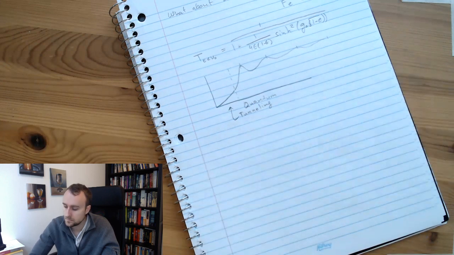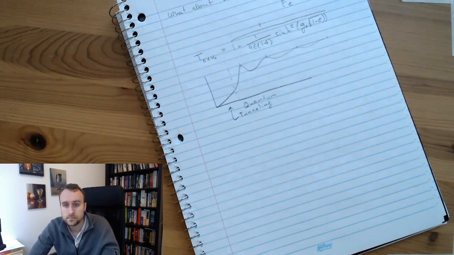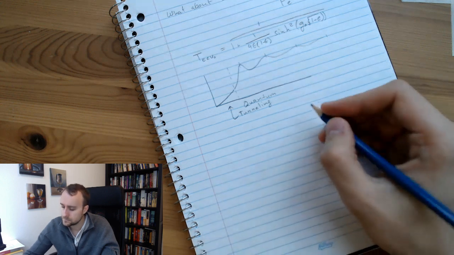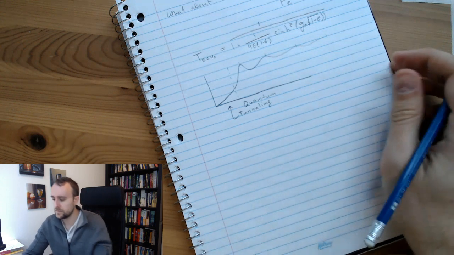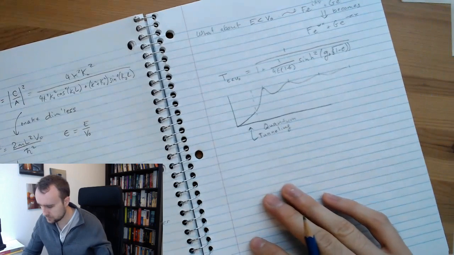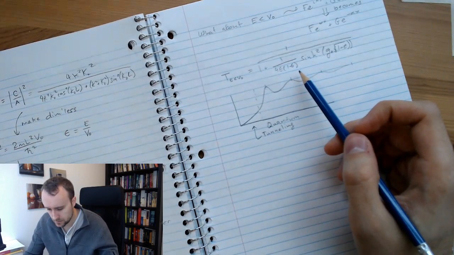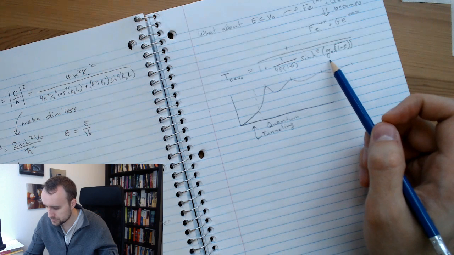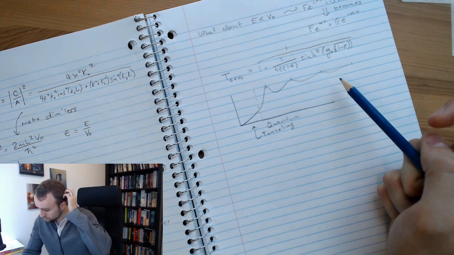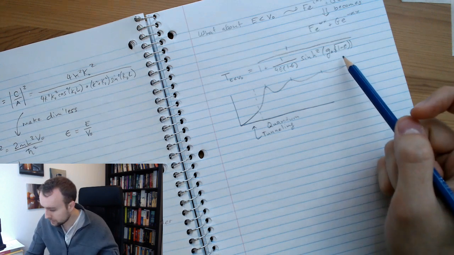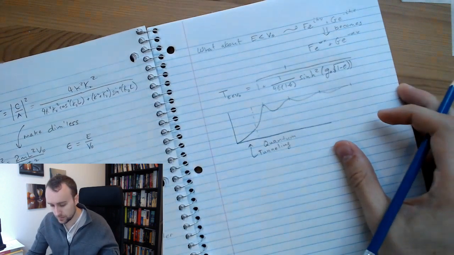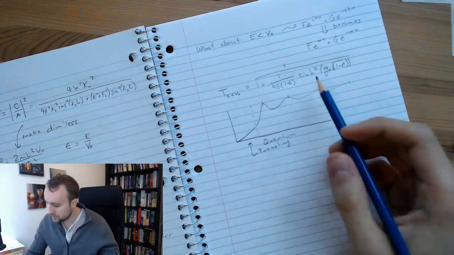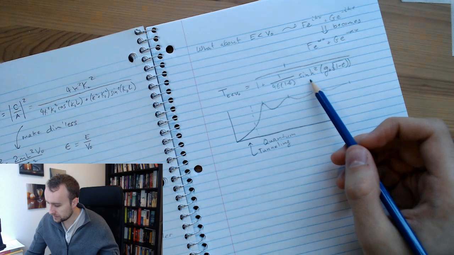And a quick thing to notice is that if we hold E fixed and we vary L, the width of the barrier, how does the tunneling depend on the width? I'm assuming it's going to go up. G is proportional to L squared. So as L gets smaller, this sinh squared is going to go up.